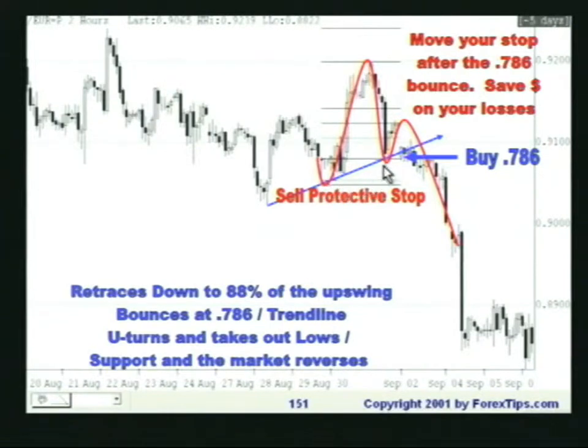And by canceling and replacing off of a 786 bounce, all you are doing is saving money on your potential loss. So do not cancel or replace if it bounces at a 618. Only cancel and replace if it bounces off of a 786 or the 88%.